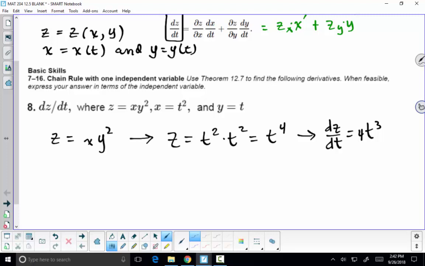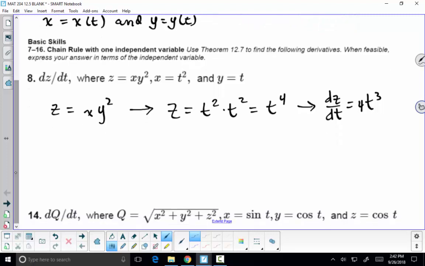We get that. Now let's try it using the chain rule. We should get the exact same thing. So dz dt will be the change in z with respect to x times the change in x with respect to t, plus the change in z with respect to y times the change in y with respect to t.